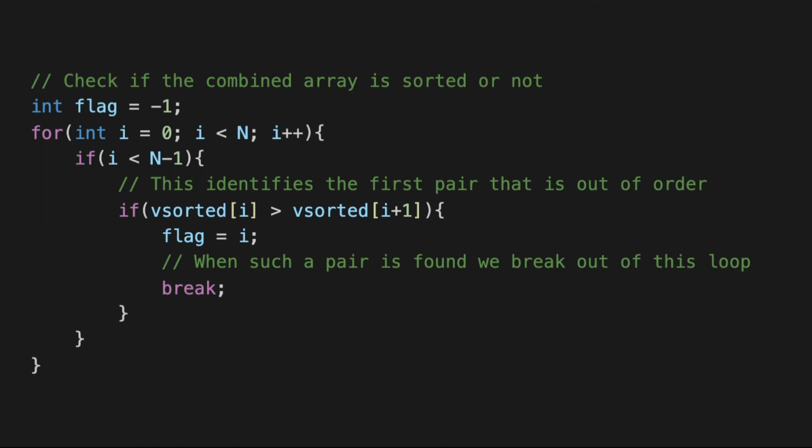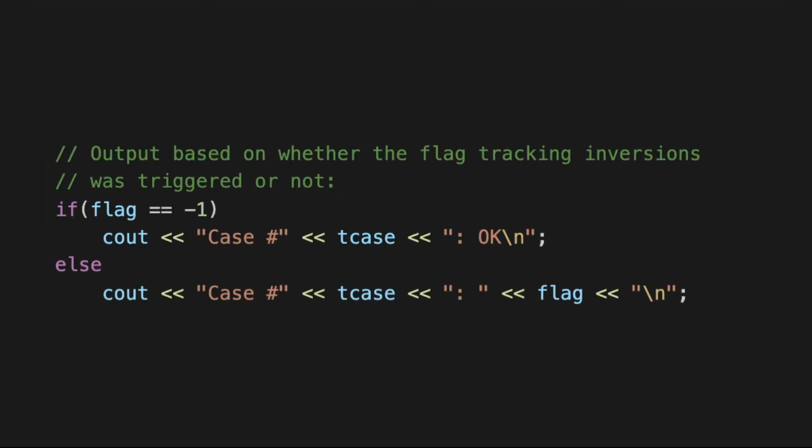So remember, I'm initializing flag to -1 just so that there's no confusion, because the first problem could even happen at the 0th index, right? For instance, in 1 3 2, the answer would have in fact been 0. So initialize your flag to -1, and when you come out of this loop, just check if flag is -1.